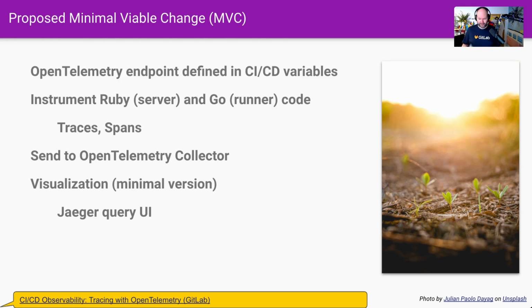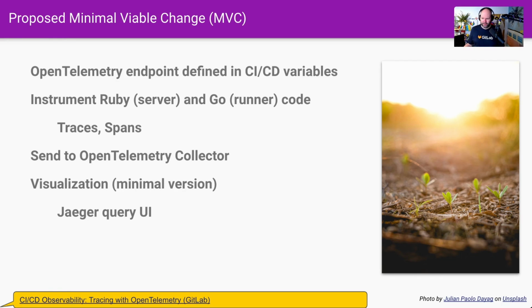The data gets sent to the OpenTelemetry collector, and the visualization just uses the Jaeger query UI to really see something in the beginning, and later on integrating everything into the DevOps platform, just to have a single unified view on things when improving CI/CD pipeline efficiency and also observability.